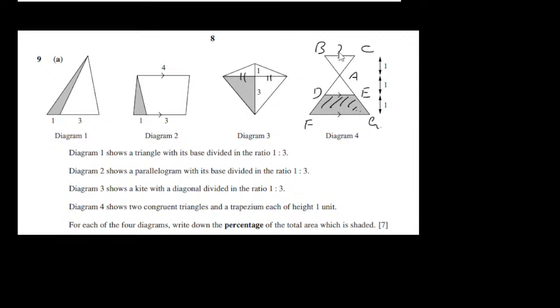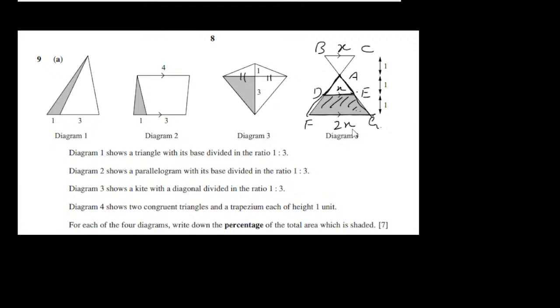Suppose I take this base as x, so here also it is x only, and this triangle and this bigger triangle are similar. And D and E are going to be the midpoints, by symmetry. So if this is x, this is going to be 2x.